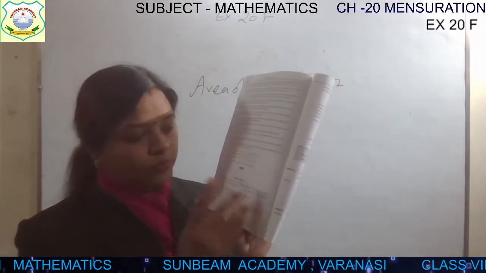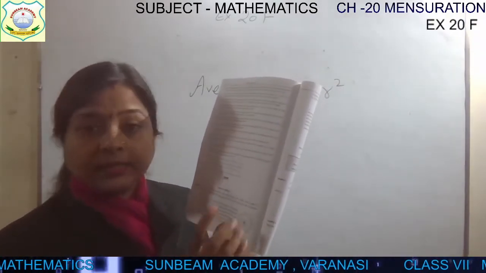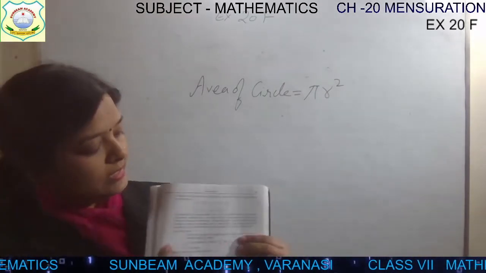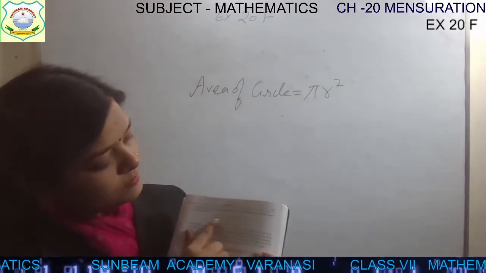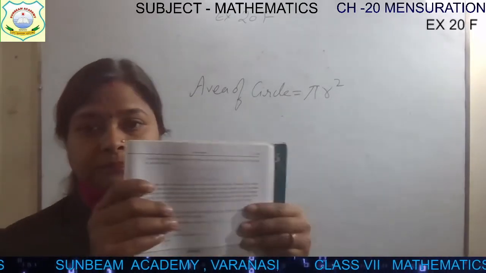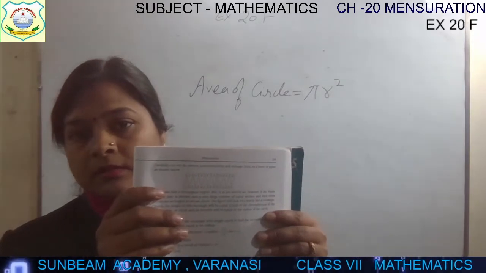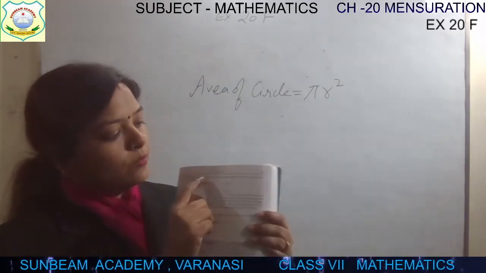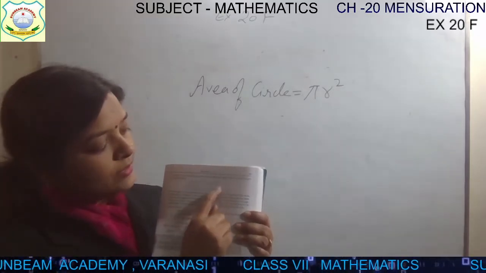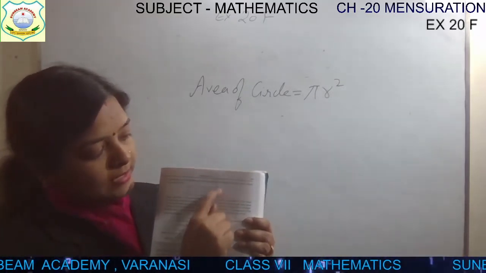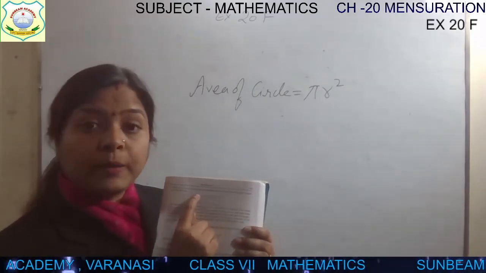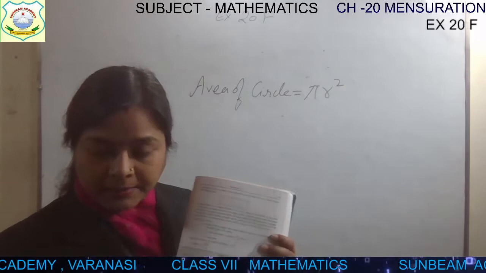They have broken this circle into sectors, and then arranged them in such a way that it forms a rectangle or parallelogram, you can say. Okay, like this. It will be a parallelogram. Now this will be half of the circumference, and the side, one of the sectors, will be the radius. So this is half of 2 pi r.